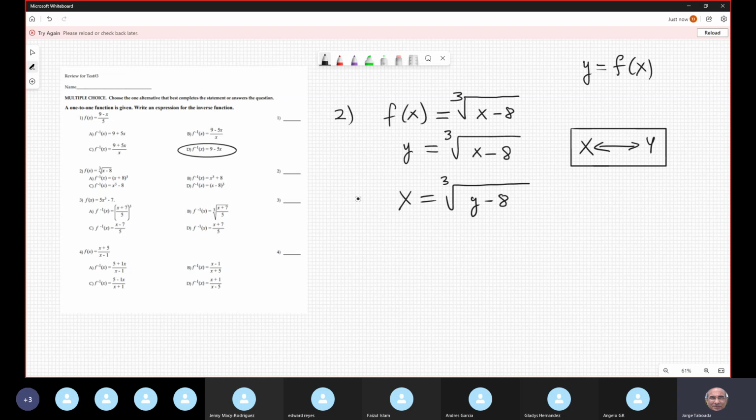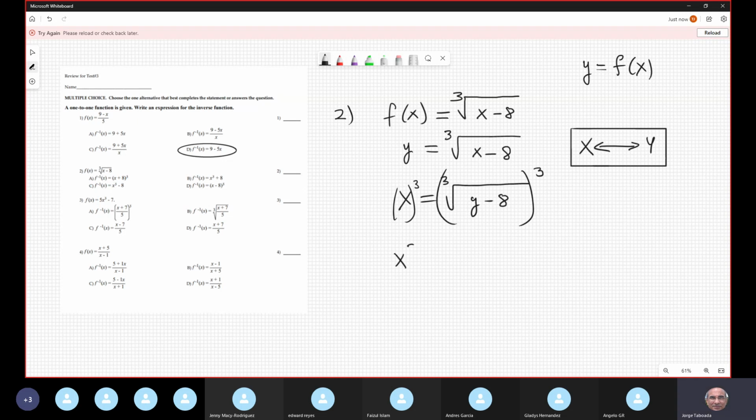But what is the only problem? It's expressed implicitly. Implicit is totally useless. I need to express it explicitly. Explicit is when the y is isolated. To isolate the y, I propose you cube both sides because I want to destroy this cubic root.